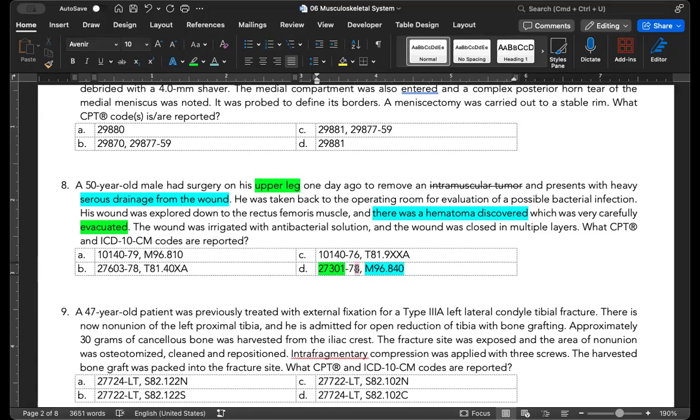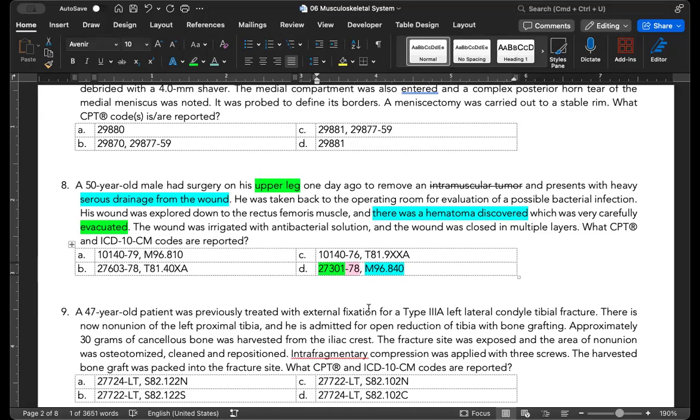So why do we need to report a 78 modifier with it? Any guesses? Yep. It was the unplanned return to the operating room.